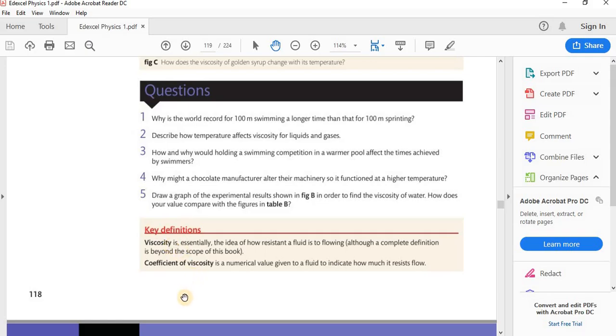But what you have to understand is, the higher the coefficient of viscosity, the higher the viscosity, and the slower the fluid will flow. And when the temperature increases, the viscosity decreases for liquids, but for gases, when the temperature increases, the viscosity increases, so the flow rate will be low.